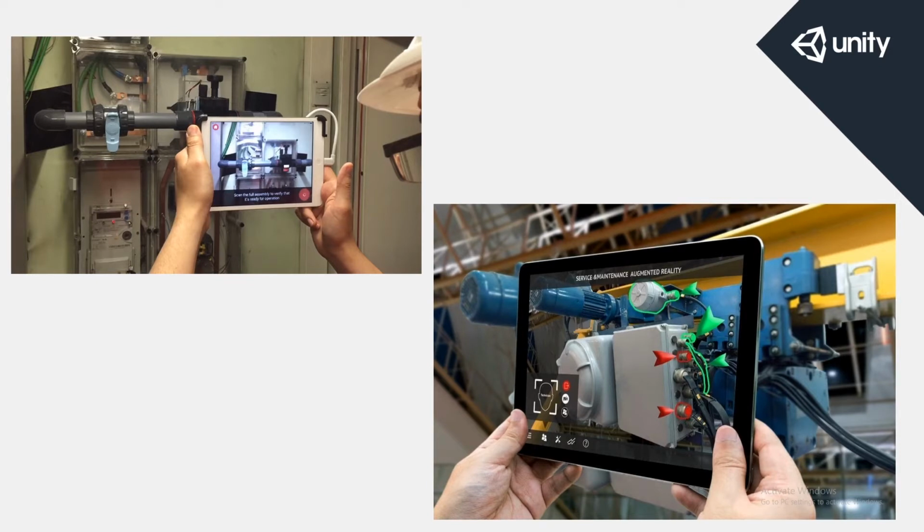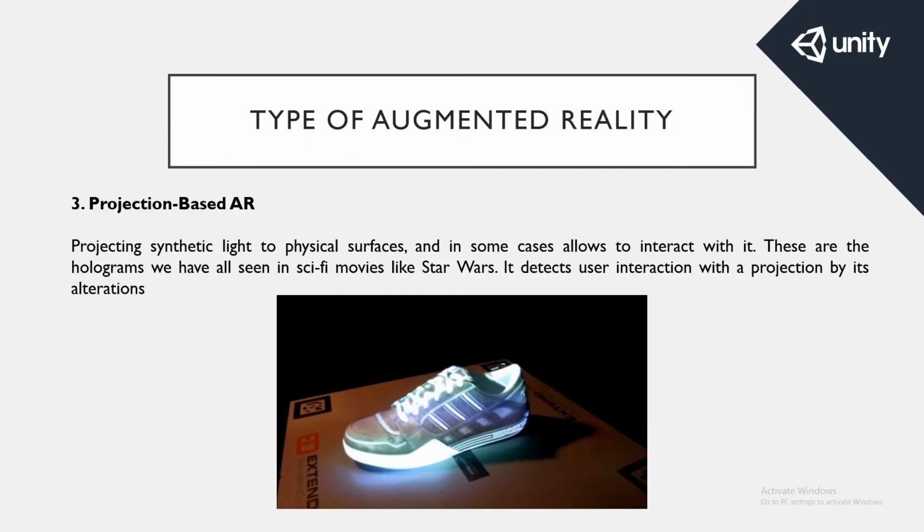So there are many functions of markerless; we can use it as a tutorial, as training for factory workers. This is projection based: we scan the shoes, and then we can see the styling of the shoes changing.